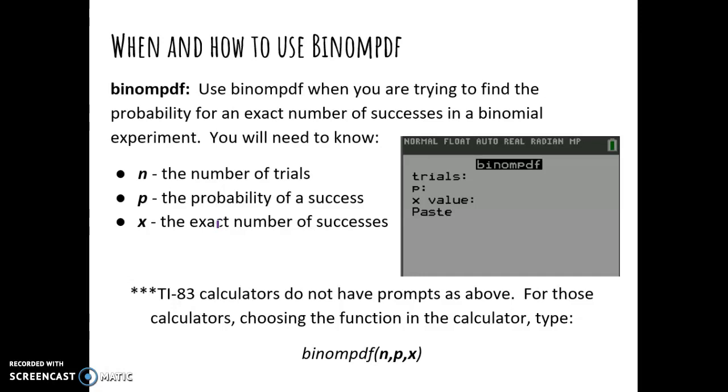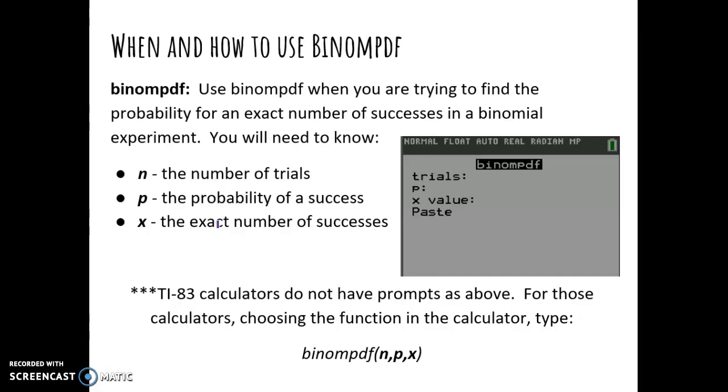So we only use this when we have a binomial experiment that passes those 4 characteristics. Those check off. There's a fixed number of trials. There's 2 outcomes of success and failure. The probability for a success is the same for all trials, and the trials are independent of one another. And if that's the case, we can use binom PDF to find the probability of an exact number of successes.